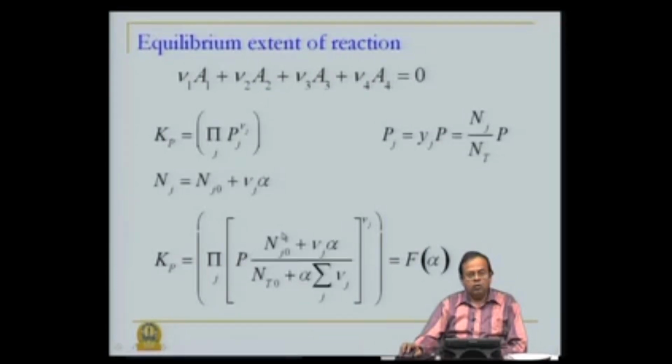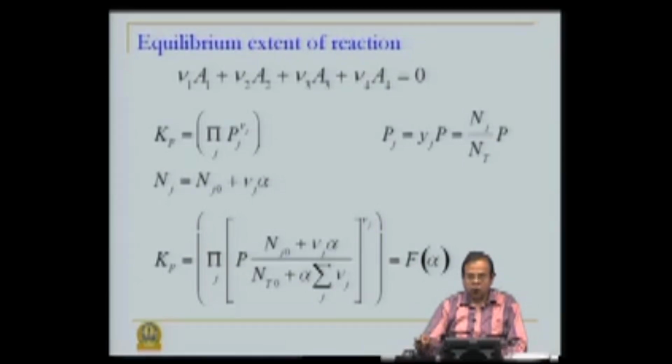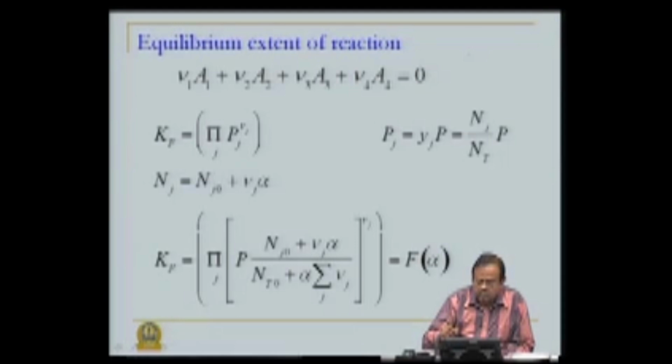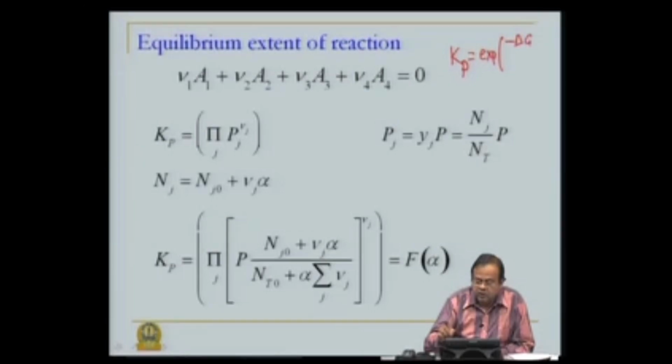Okay. So, now let us try to see how we bring in our equilibrium composition from our free energy change. Let me reiterate that our equilibrium constant, say we are measuring in terms of pressures, is exponential of minus delta G 0 by RT.